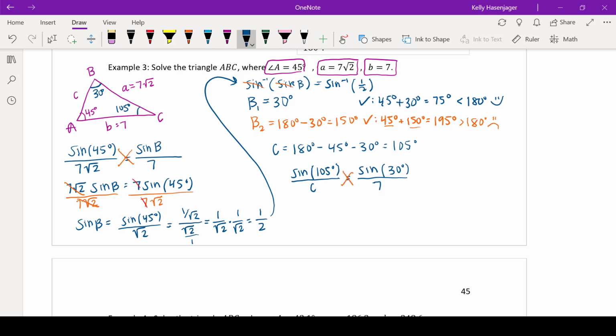Again, we'll cross multiply. So we're going to get C sine of 30 degrees is equal to 7 sine of 105 degrees. Next, we can divide both sides by sine of 30 degrees.